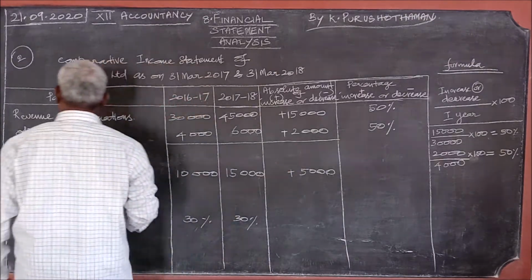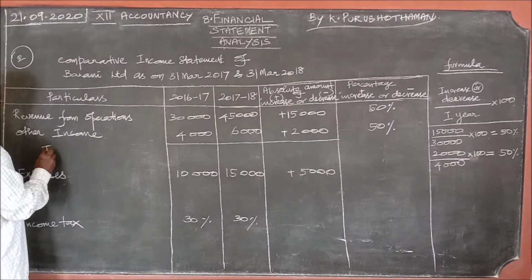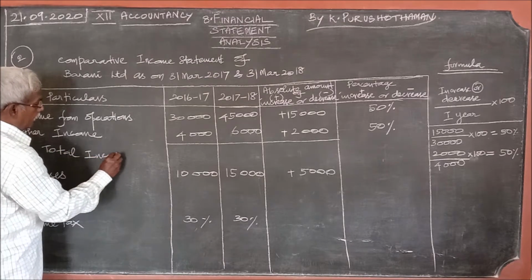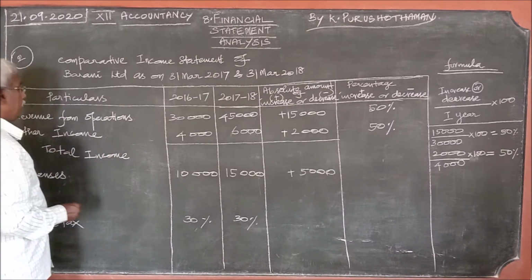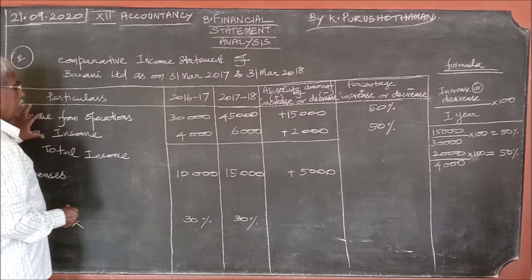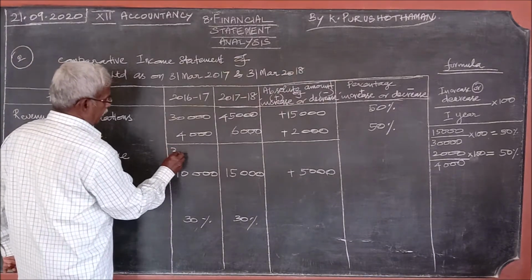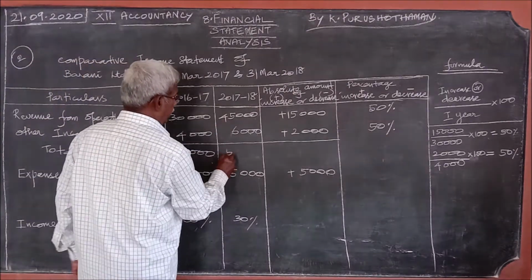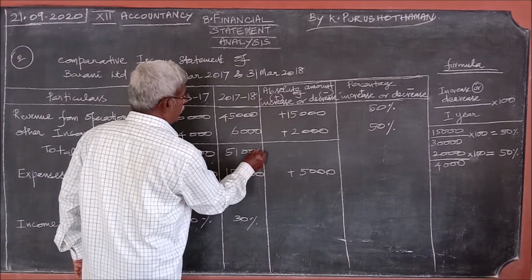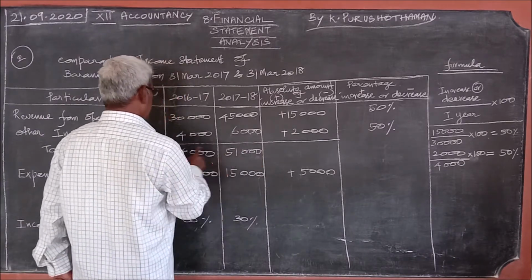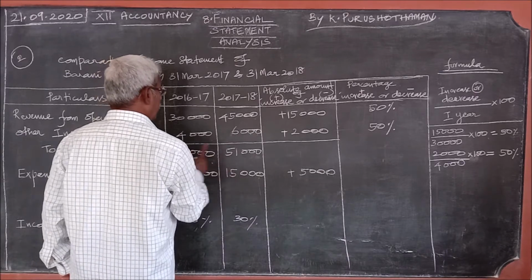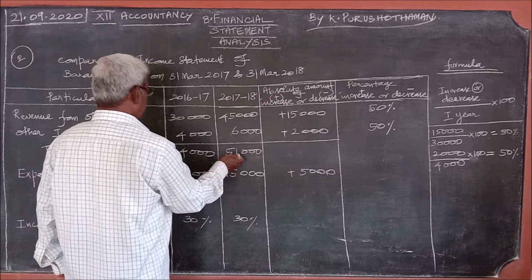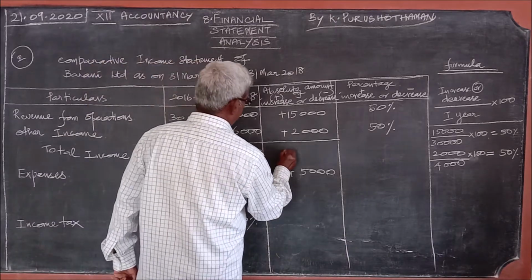Revenue is also income, other income, therefore total income, 34,000 and 51,000. What is the difference between these two? 51 minus 34, 17,000.